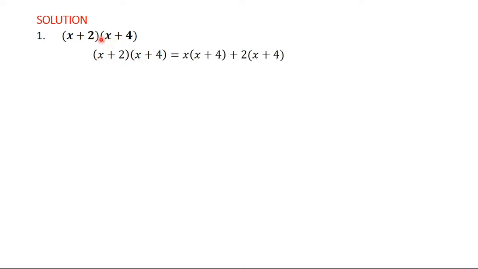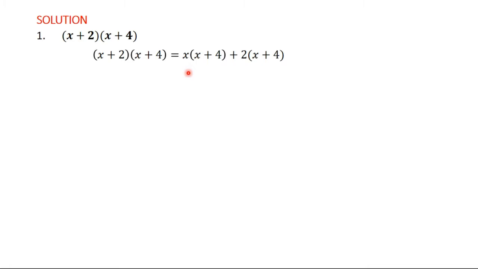Use what is in the first bracket, the first term, which is x, and multiply it by the second bracket, which is x plus 4. Then take the second term, in this case 2, and multiply it by the second bracket, in this case x plus 4. So you can see from here that this is an example of what we did in the previous video.